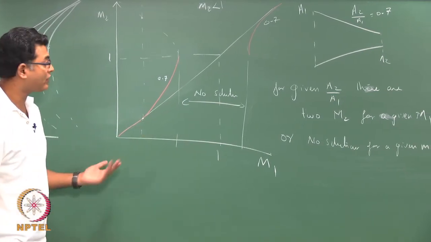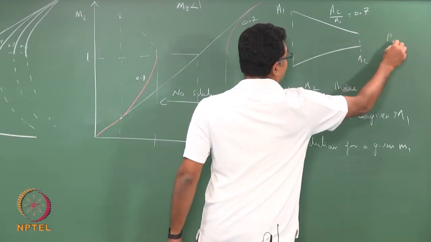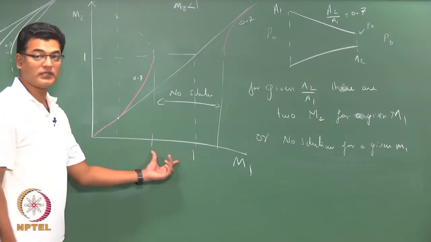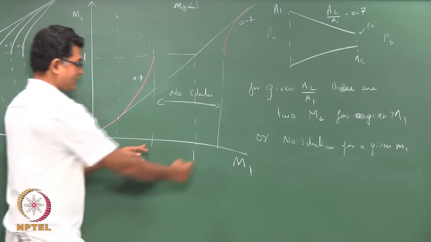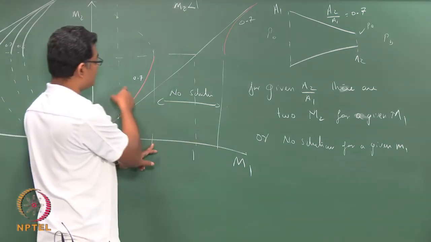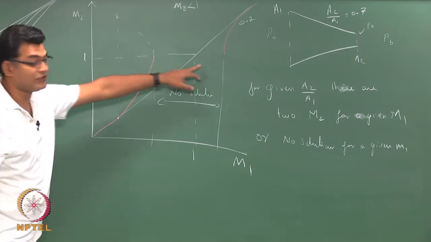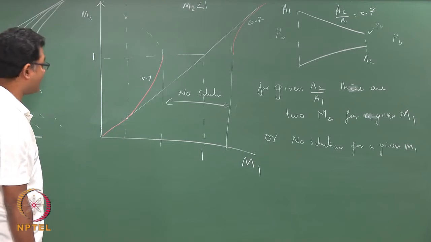I did not talk about P0 or PB or P exit. All I am talking about here is Mach number. If my inlet Mach number is in this range for this particular A2 by A1, I do not have a solution. We will see what exactly that is.